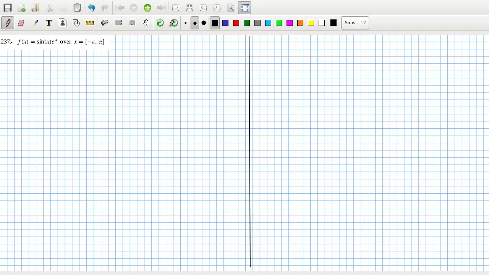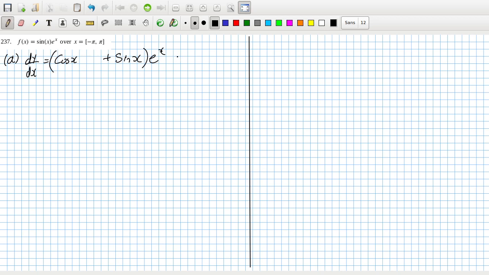Increasing or decreasing? Right. Well, the derivative is the product rule, so that would be cos x e^x plus sin x e^x. I can take the e^x out.